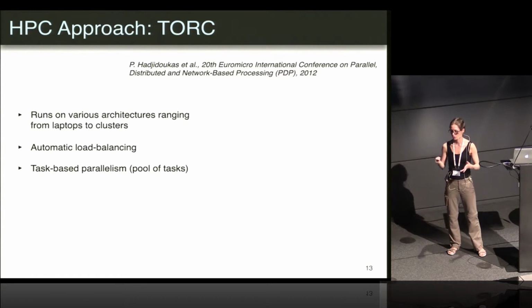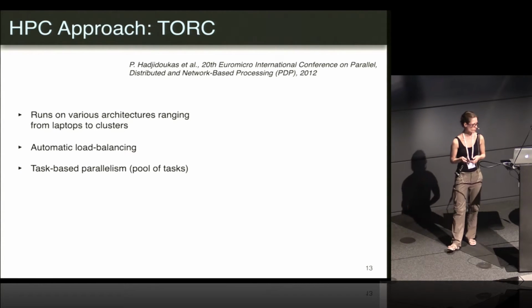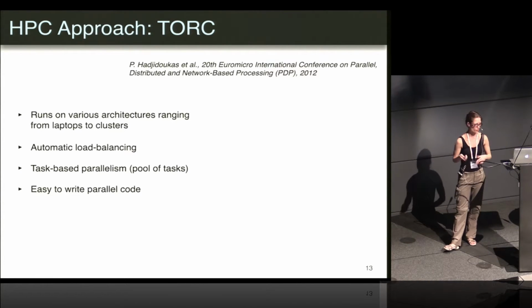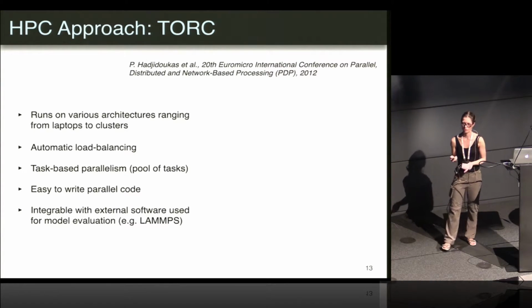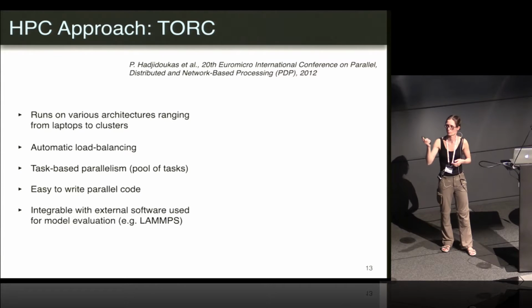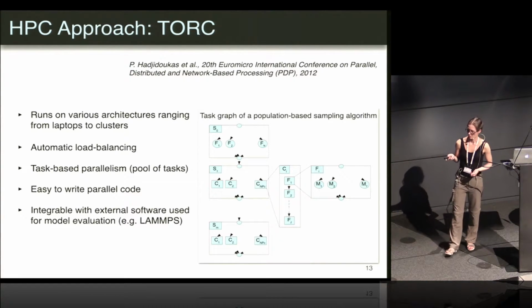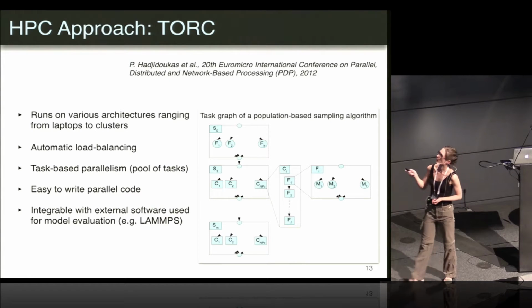Basically it uses a pool of tasks and a scheduler, and the scheduler distributes the tasks dynamically to the workers which are currently done with the previous part of work. The code is easy to write, and the library can be integrated with external software, for example, LAMMPS for the molecular dynamics.